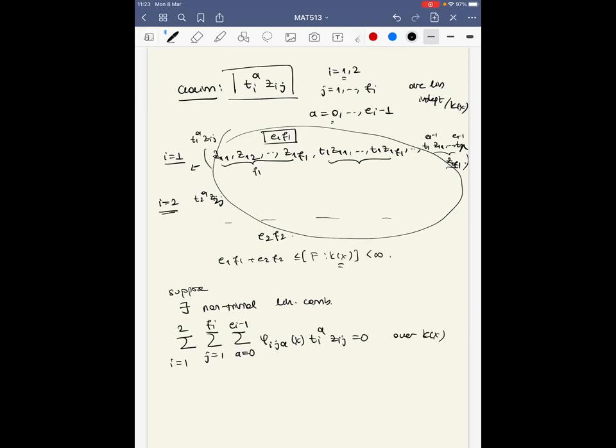And like in the proof of Proposition 1.1.15, without loss of generality, we may suppose that these coefficients are polynomials and not all divisible by x.